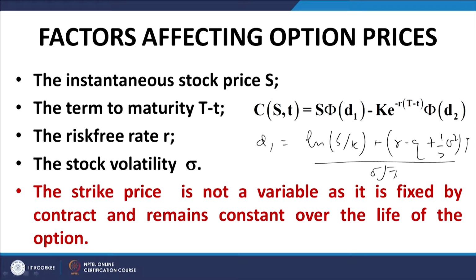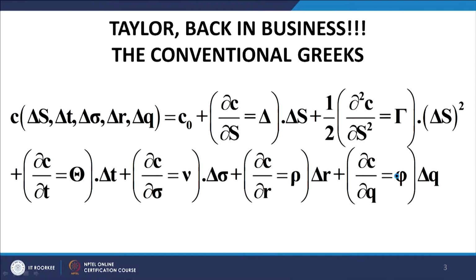Then I talked about the Taylor expansion of the call price about a certain given value. This left hand side represents the call price at a slightly shifted value of these parameters from the original value.